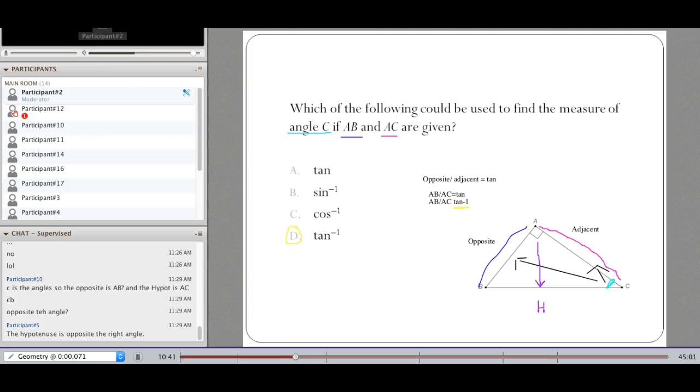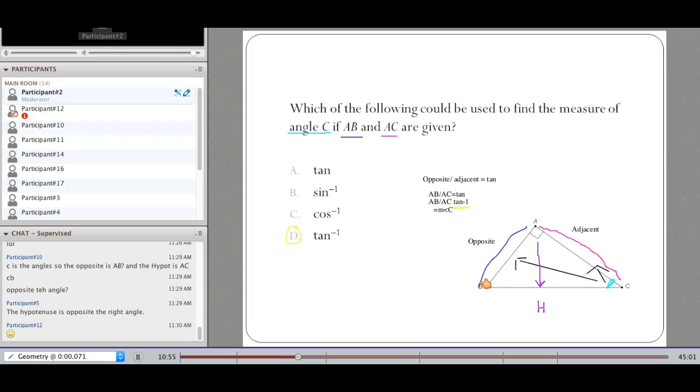Okay, so good. Looking good so far. Amelia said, well, the two sides up here, so round of applause for Amelia. She even color-coded. I love that. So AB, she said, okay, we need this side. And AC over here are given. They don't actually tell us what they are, but they're saying assume that you know what those are. If you look at the labels Amelia put, they're opposite and adjacent. Now write out SOHCAHTOA.